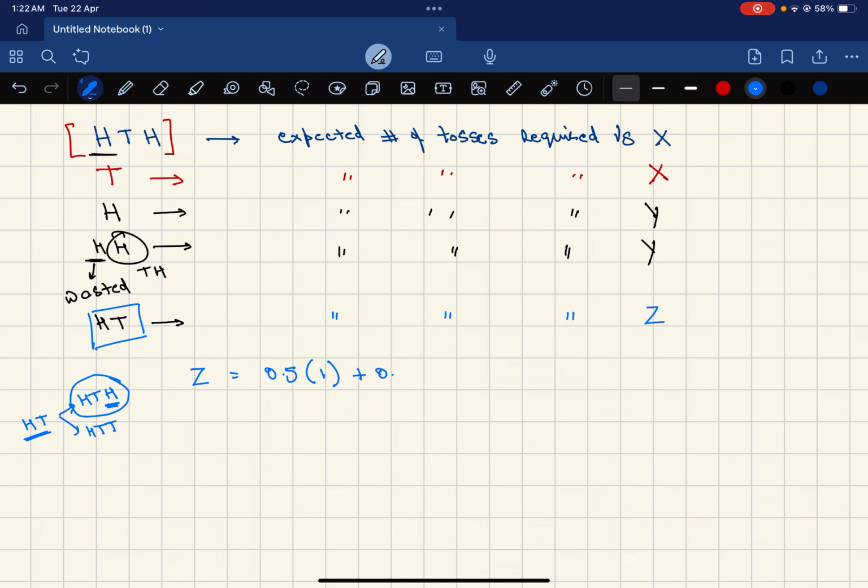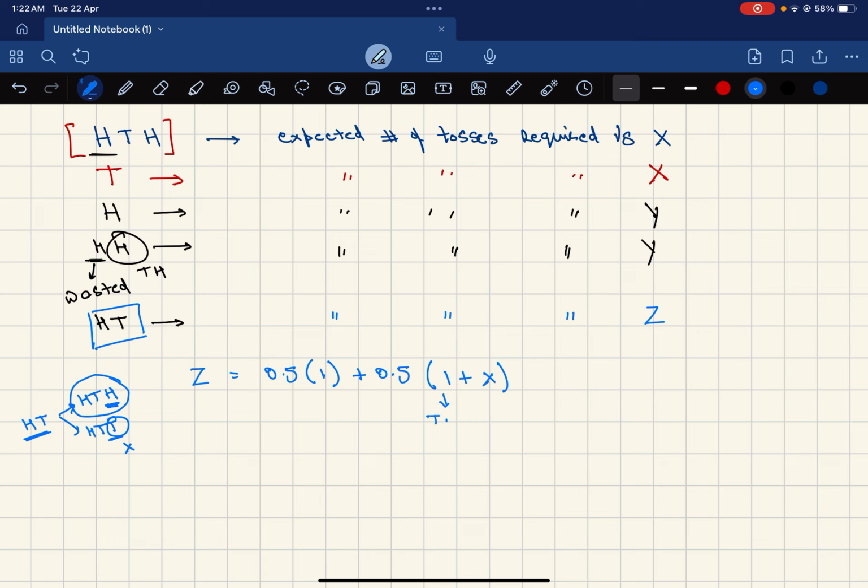But let us say there's a 0.5 probability of getting a tail as well. Now if we get HTT, we'll have to again restart things, since we have to start from H. So again we'll have to restart things, and therefore we will need x more trials in this case. So this will become 1 plus x. This 1 is nothing but this extra trial which we got.